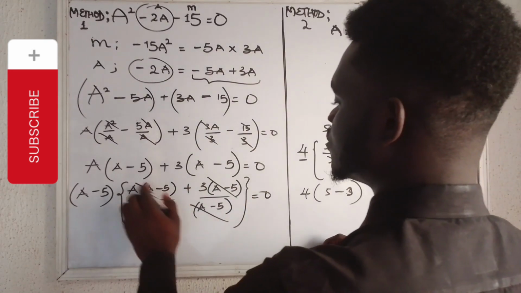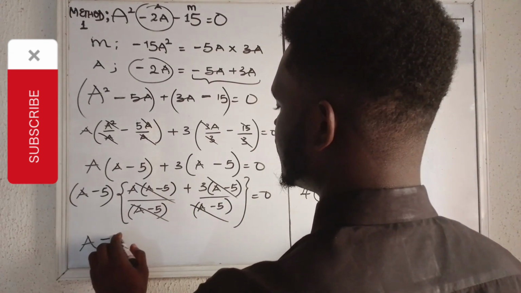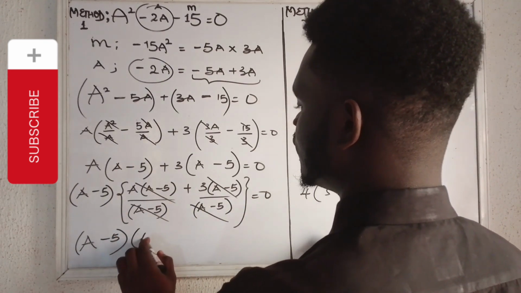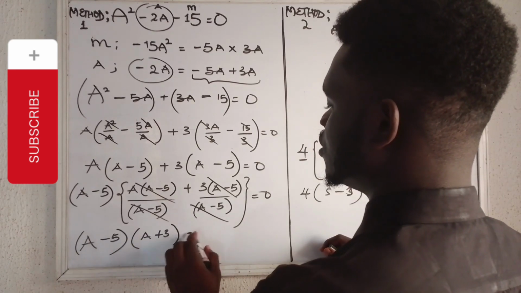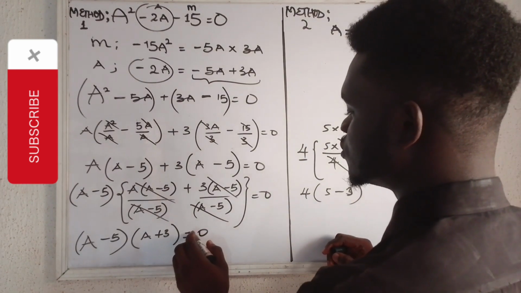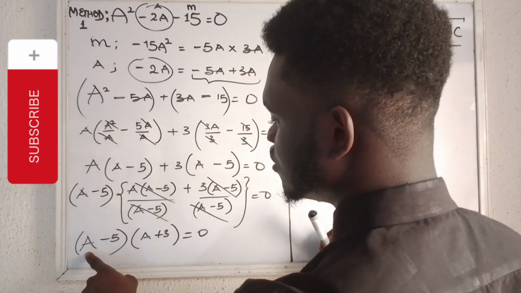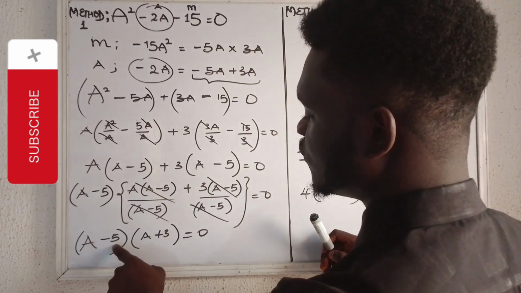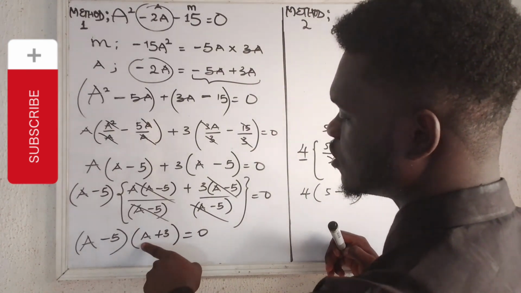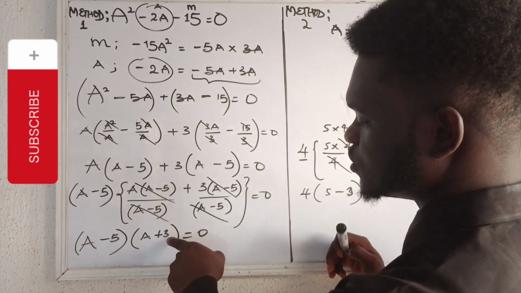So this eliminates all this. And finally, you have a minus 5, and you have a plus 3 equals 0. Now you can see you have a minus 5, and you have a plus 3.